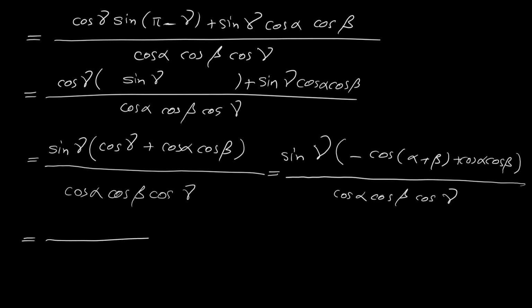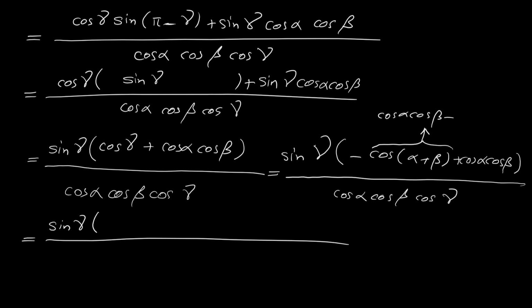So we have sine of gamma times by, now for cosine of alpha plus beta, if you remember, based on the sum of angles formula for cosine, this equals cosine of alpha, cosine of beta minus sine of alpha, sine of beta. This is the formula that we have for cosine of alpha plus beta.